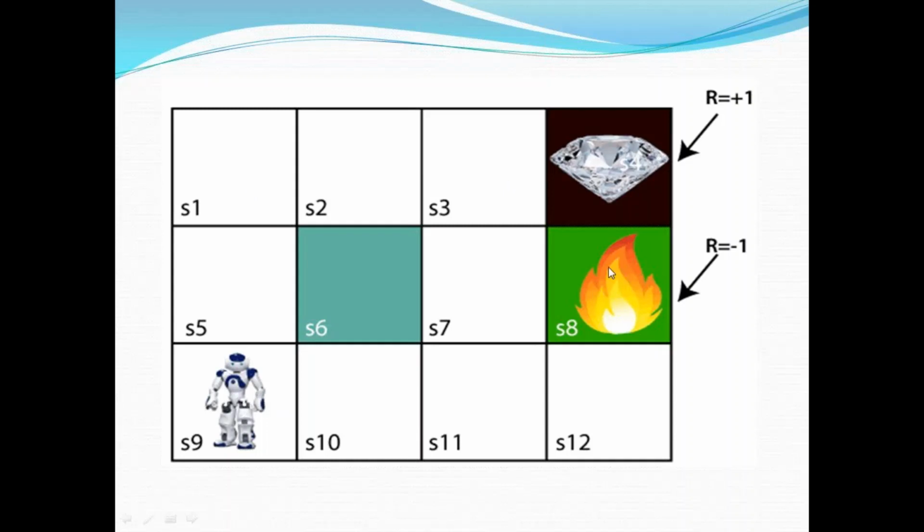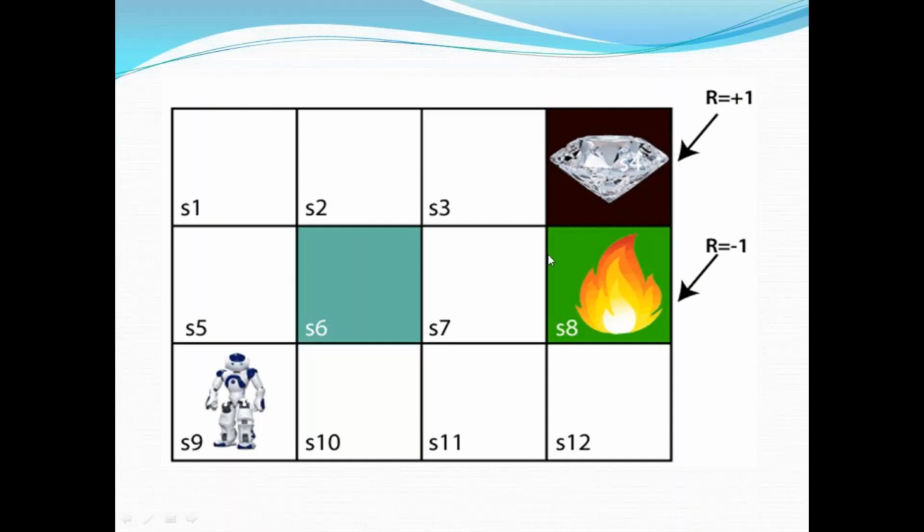If there is something like a fire in a block, then he will get a reward of -1. If he goes to a correct block, he will get a reward of +1. Right? So this is a simple example of reinforcement learning where this robot has to understand this maze problem and get this data.